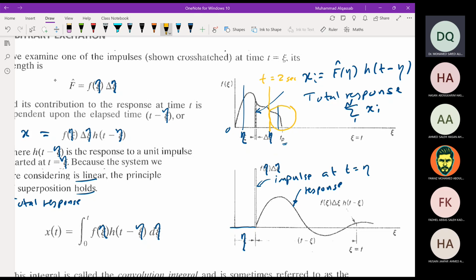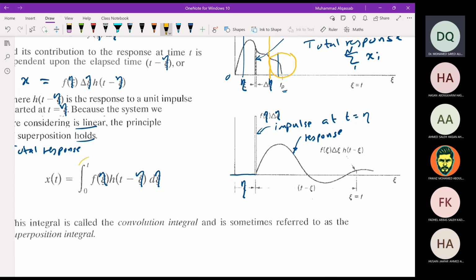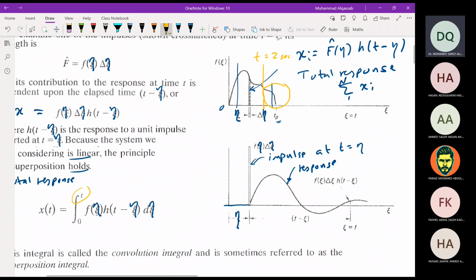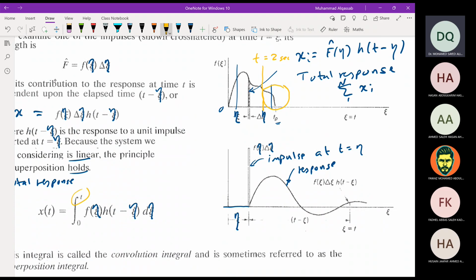So this part of the force is not affecting the response before t equal to 2 seconds. And this is why we have integration from 0 to t. So it depends on the value of t. If you want to find it in general, you can make it just a function of t, and then you can substitute whatever value of t you want to find the response at.